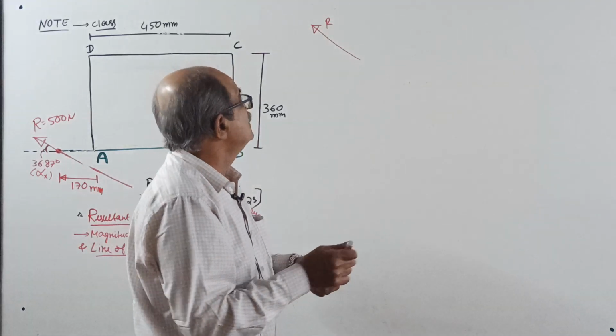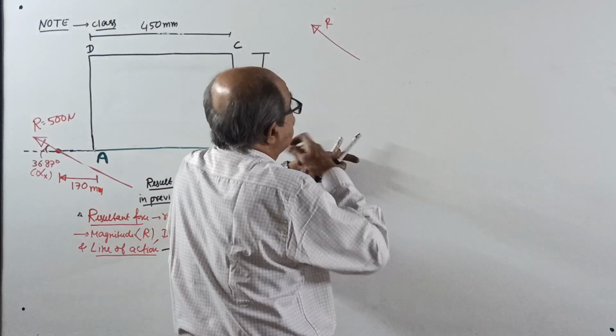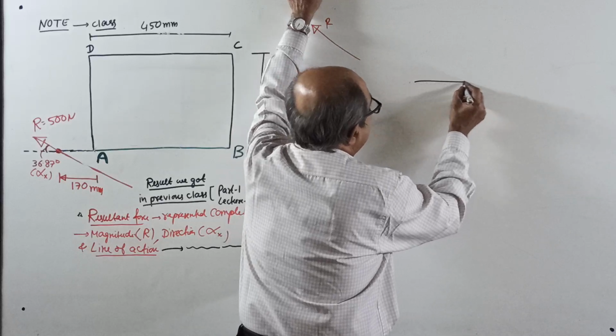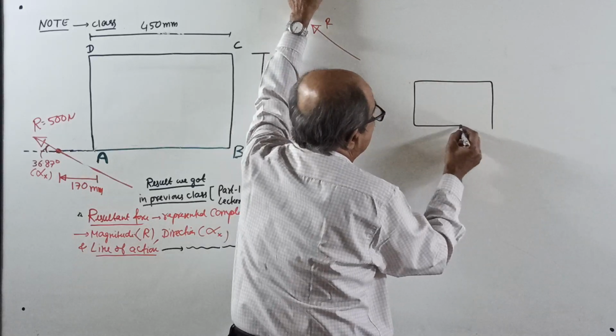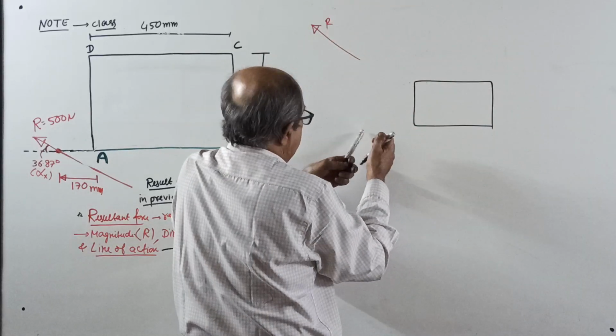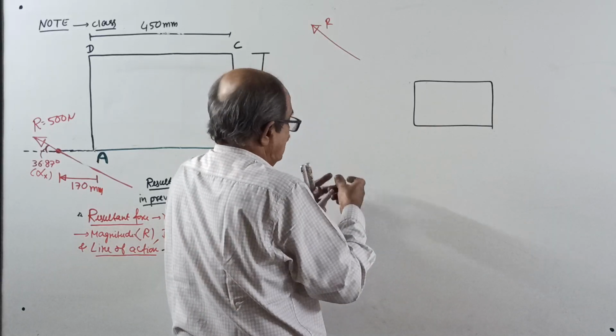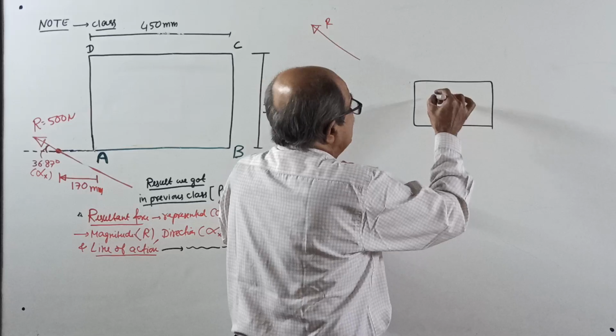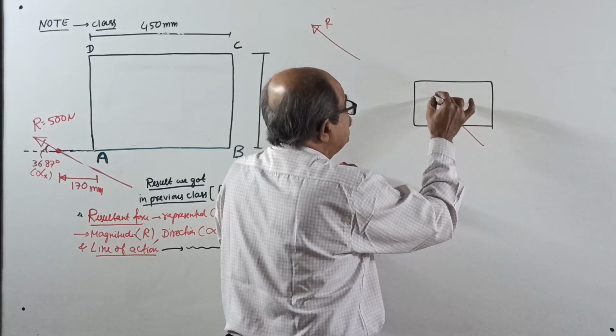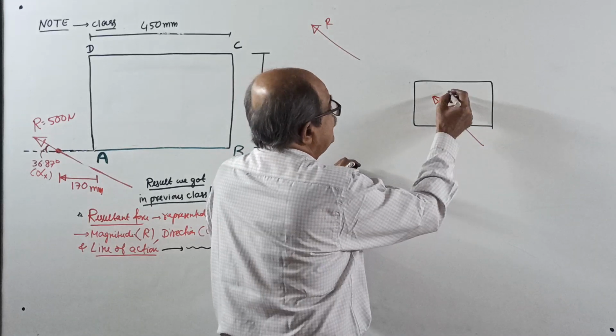See how? Imagine this is the usual block ABCD given, and the resultant comes here.